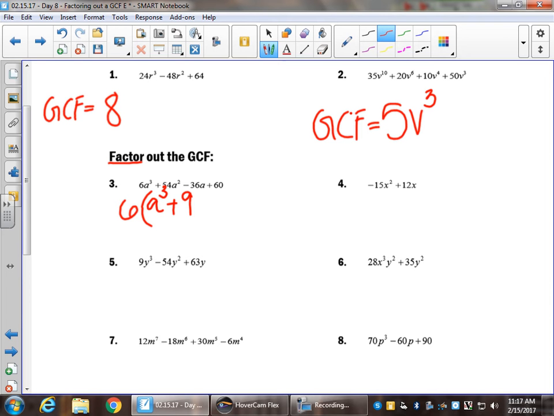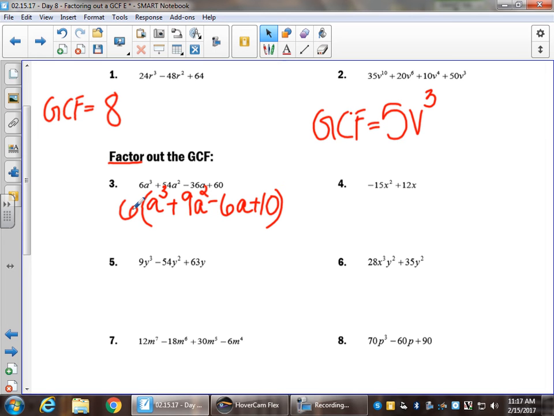Do we take out a's? 9a squared. What about negative 36a? We took out a 6. What's left over? Negative 6a. And for the last term, we have plus 60. We divided by 6, plus 10. Okay?